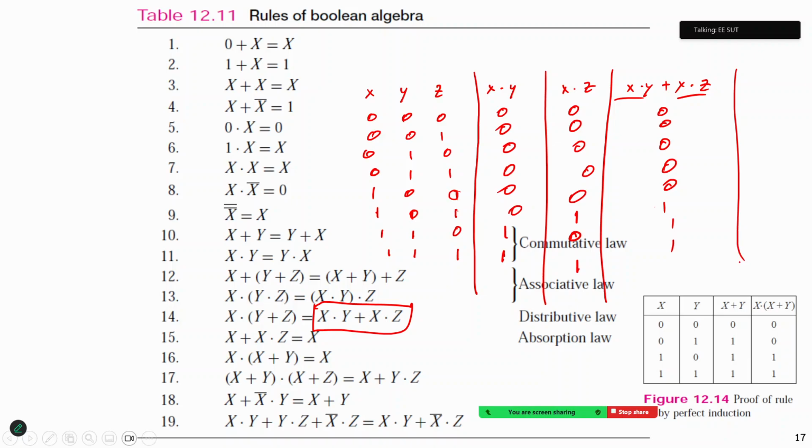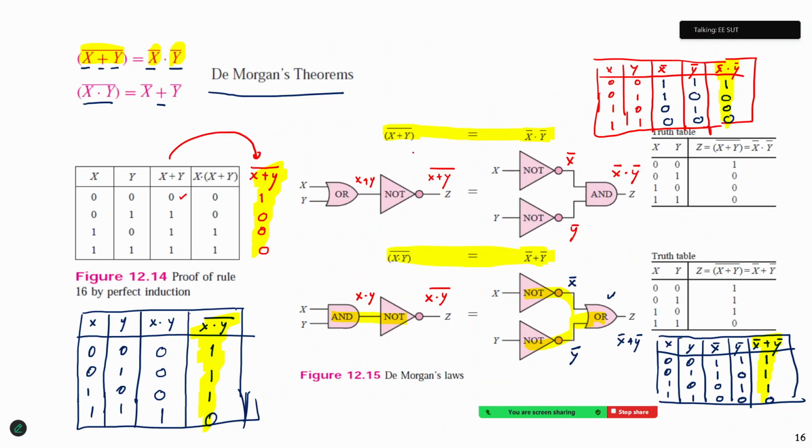So I suggest you to practice this type of how to make the truth table, right? And how to draw the logic. If I give you some Boolean algebra to construct the truth table or to construct the logic gate in this form, right?